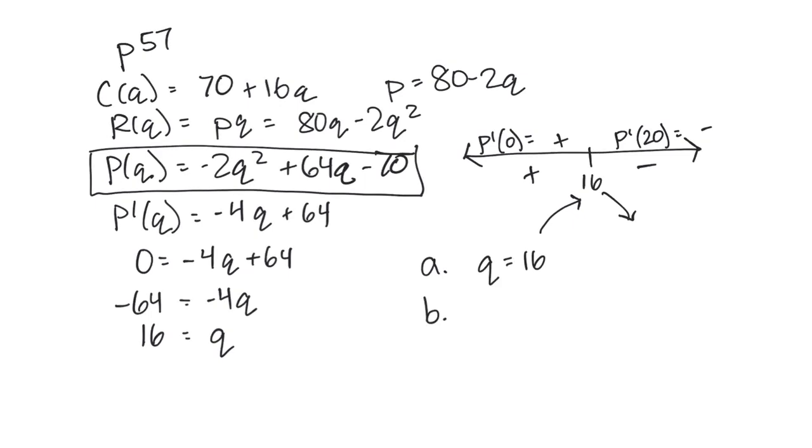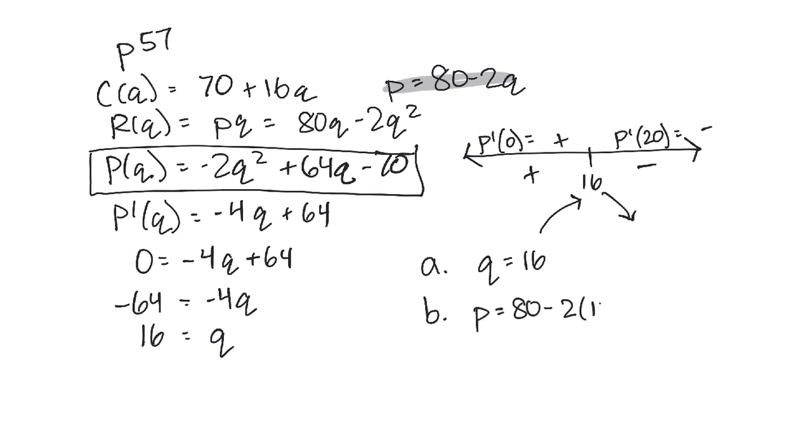B, find the price P that maximizes profit. So again, this is not the derivative. This is our original. So this is not the profit function. Notice this is little p, okay, right here. Okay, so P equals 80 minus 2Q.